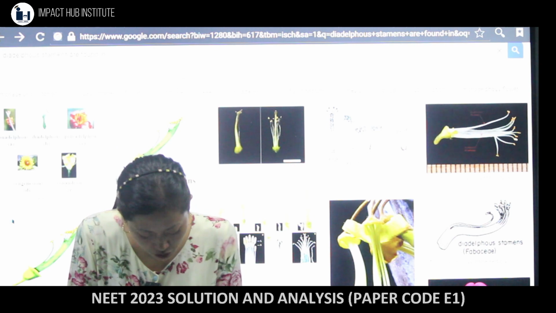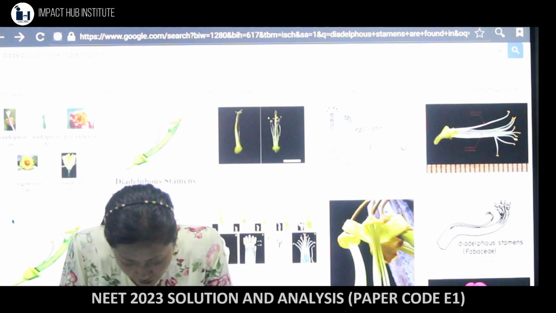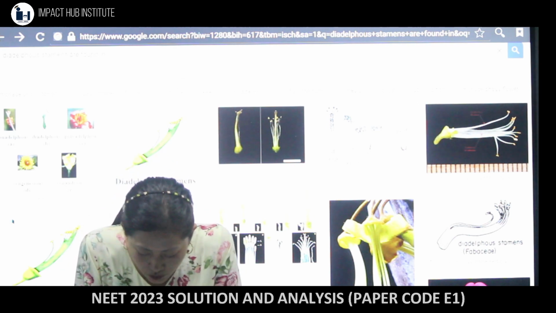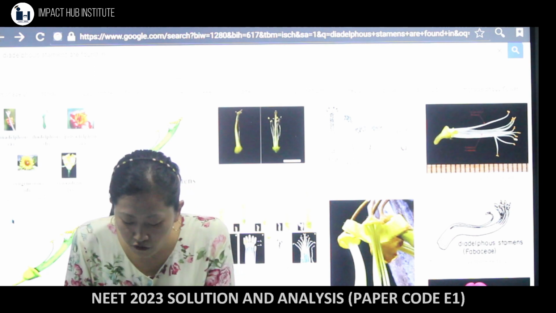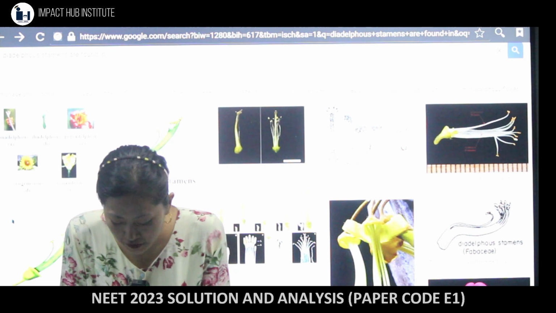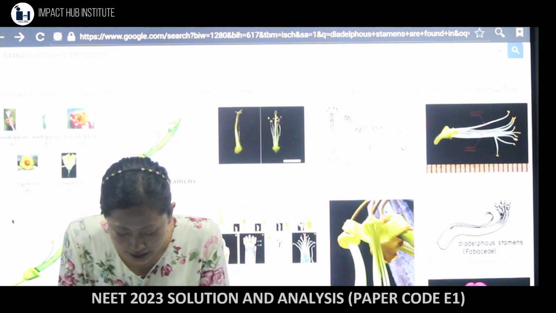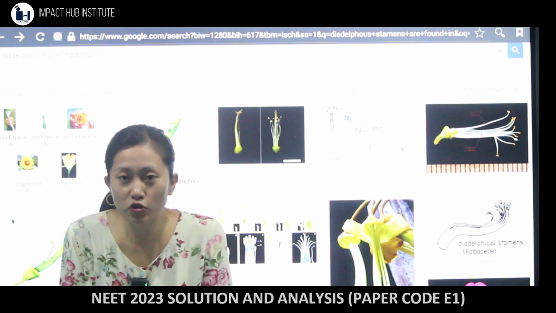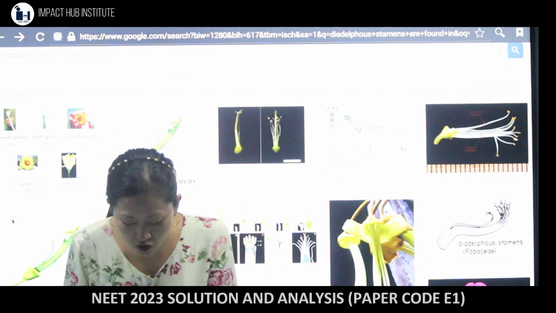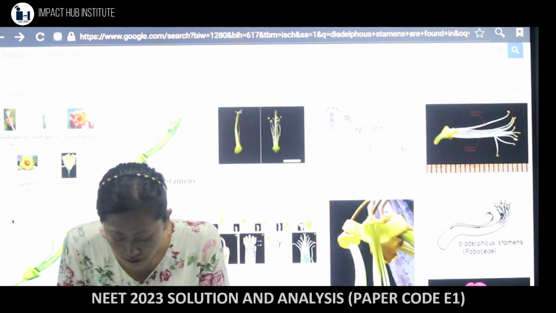Question number 124, it says, which of the following stages of meiosis involves division of centromere? Division of centromere, which we can also call splitting of chromosomes. When the centromere splits, the chromosomes are also split.